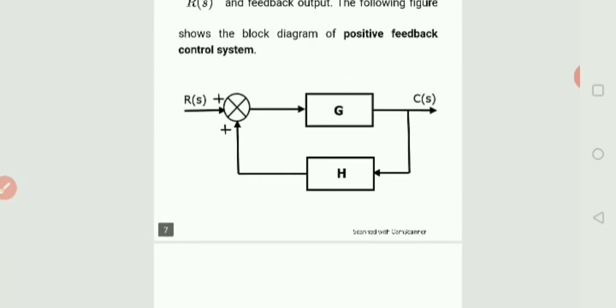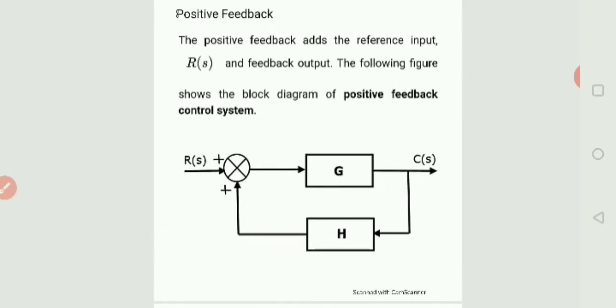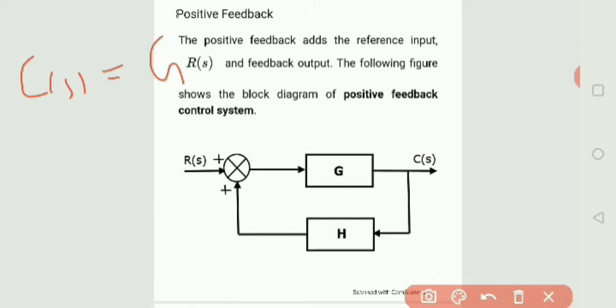If we calculate the positive feedback signal, we know that here C(S) is the output of the control system. So we can say C(S) equals G into R(S).